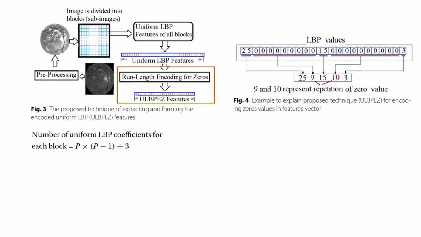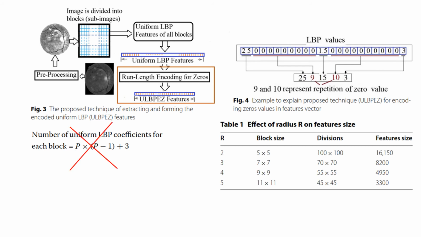After that, we cannot use the original equation to calculate the number of coefficients, as shown, b multiplied by b minus 1 plus 3. Now we have to use the proposed equation on the right. When using radius 2, block size 5 by 5 and division 10 by 10, the feature size will be 16,150, and so on.